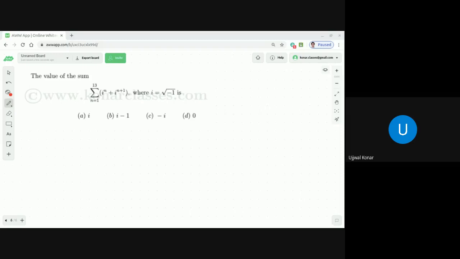Now, how can you do it? There are multiple ways you can solve this problem. I give you a couple of minutes. Please work on it, and let me know what solution you get.